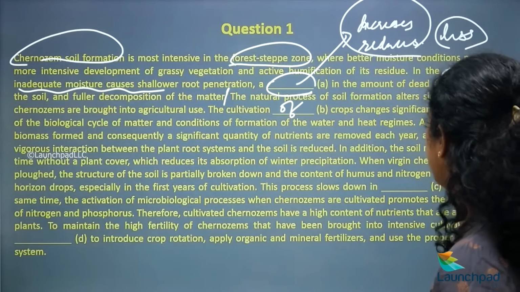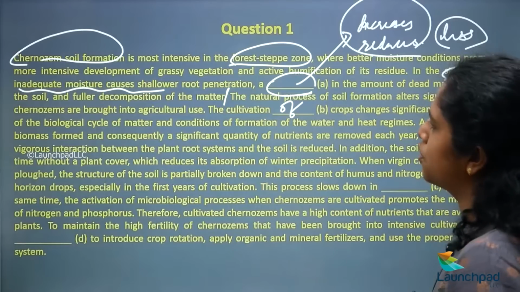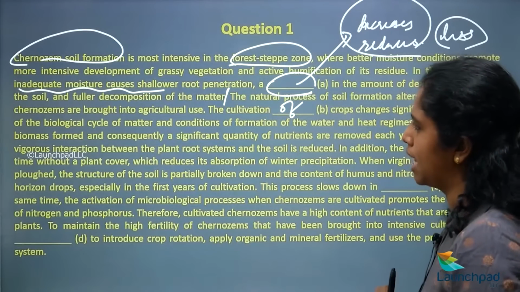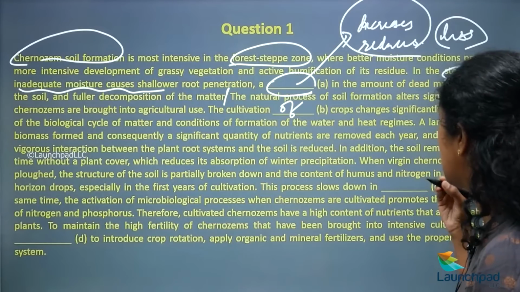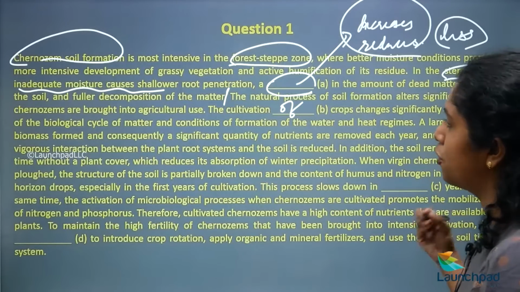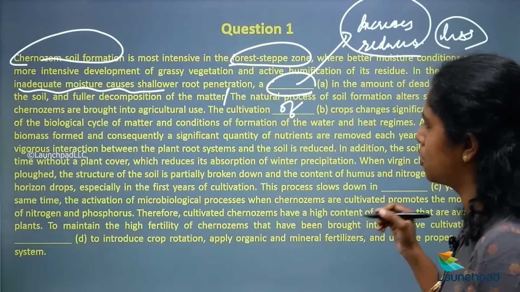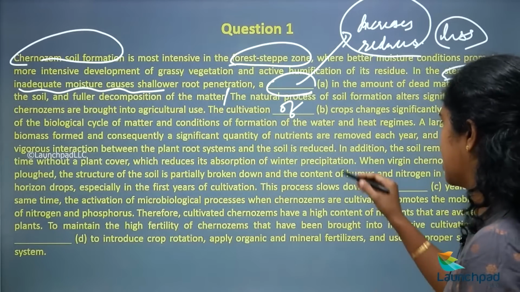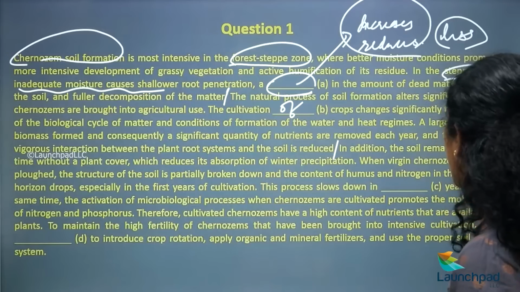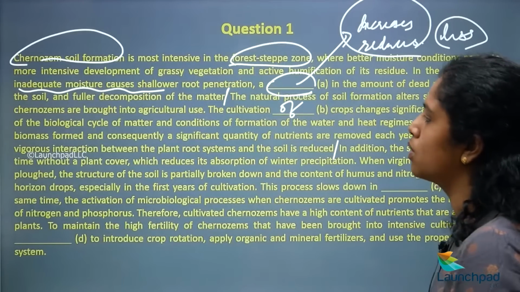Now, a large part of the biomass formed and consequently a significant quantity of nutrients are removed each year, and the period of vigorous interaction between the plant root systems and the soil is reduced. Next, in addition, the soil remains for a long time without a plant cover.